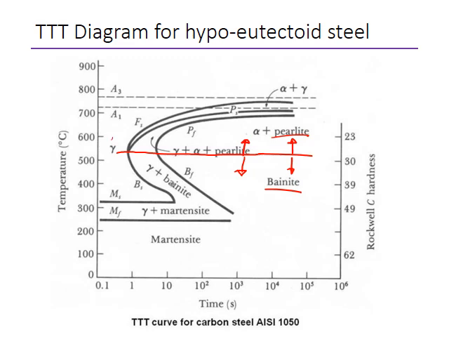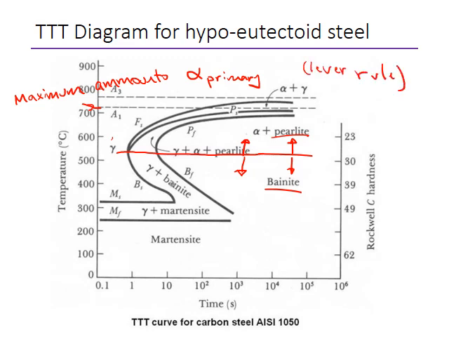And finally, just for the sake of how we use this without this little information, we said that here you have the maximum amount of primary ferrite, whatever the value is using the lever rule. And here you have the minimum, which is equal to 0.